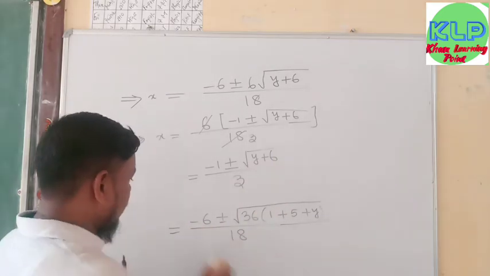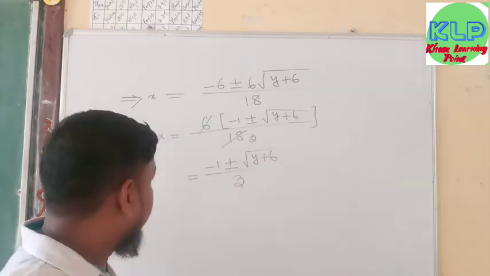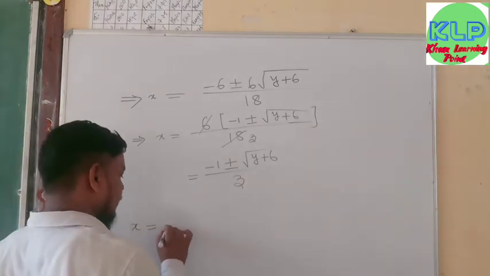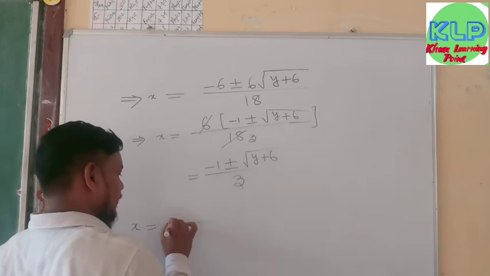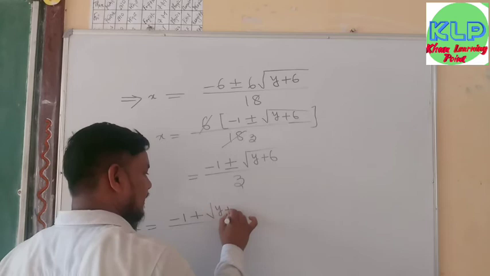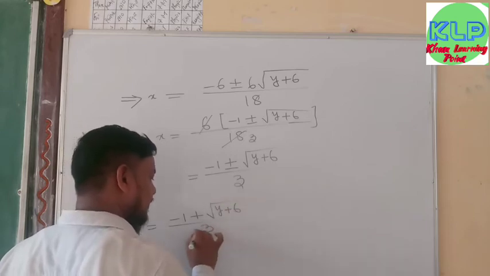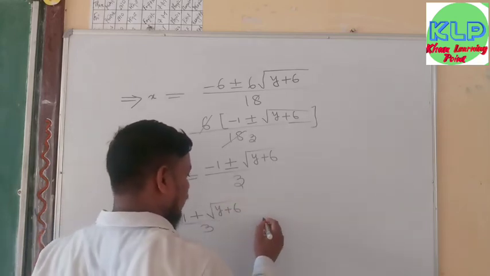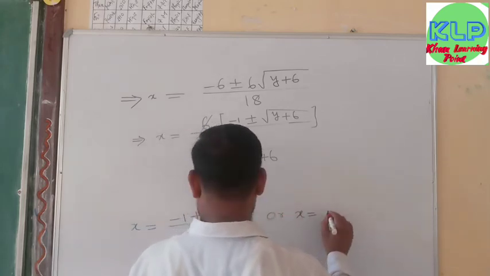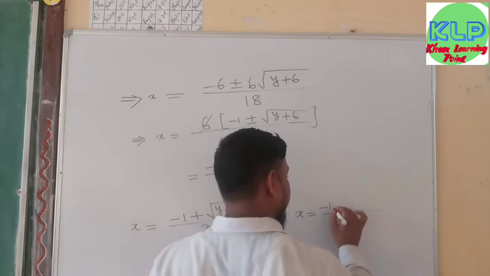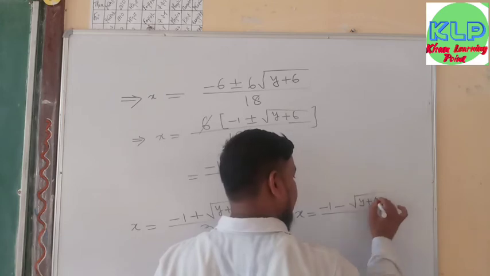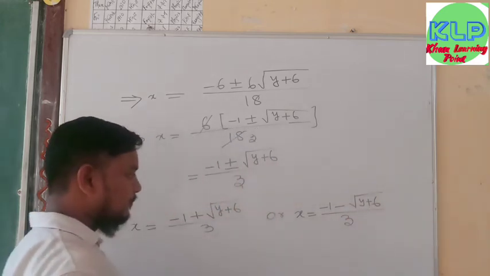So the values of x are either x is equal to minus 1 plus root of y plus 6 divided by 3, or x is equal to minus 1 minus root of y plus 6 divided by 3. Okay.